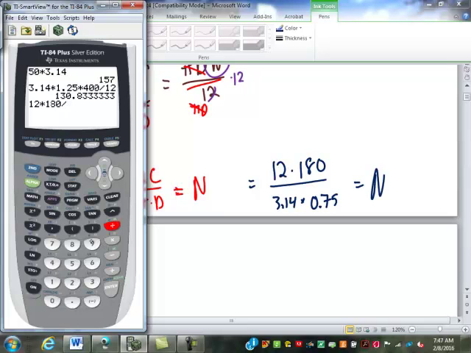Now here's where you've got to be careful punching this in the calculator. You've got to do one of two things. Either when I hit divide here, I've got to put in parentheses, 3.14 times 0.75, and then close my parentheses. Or you've got to just divide by each of them, because they're both on the bottom of the fraction.